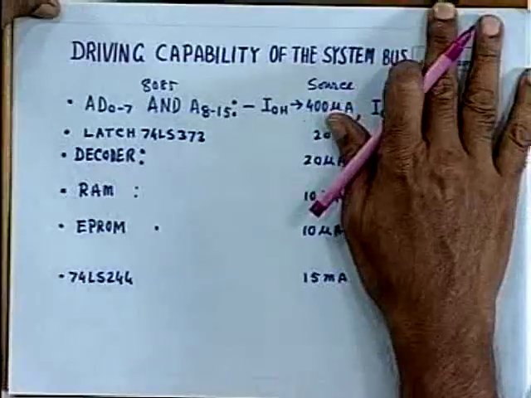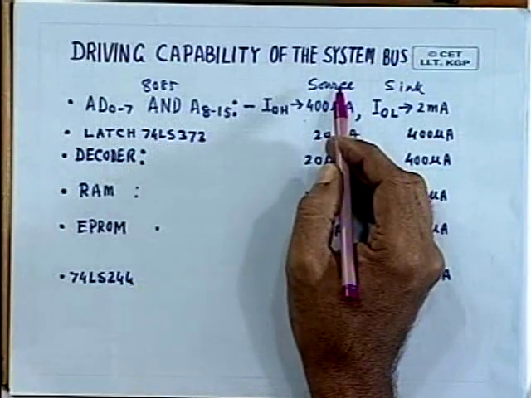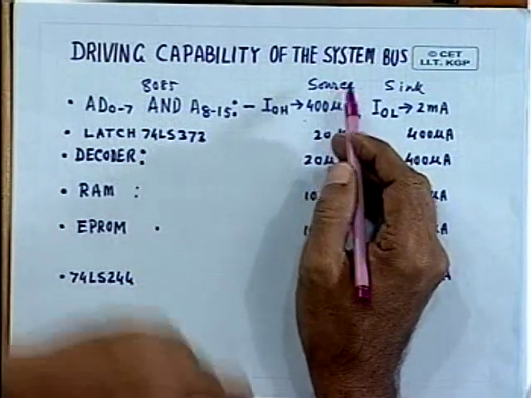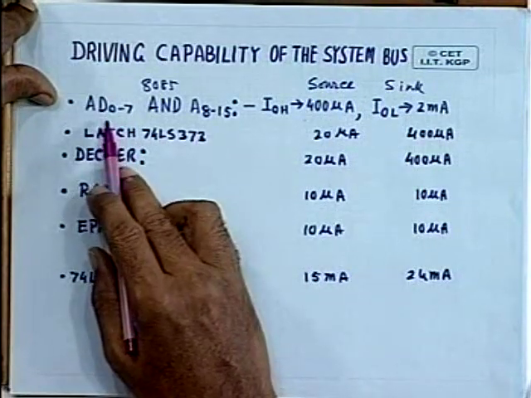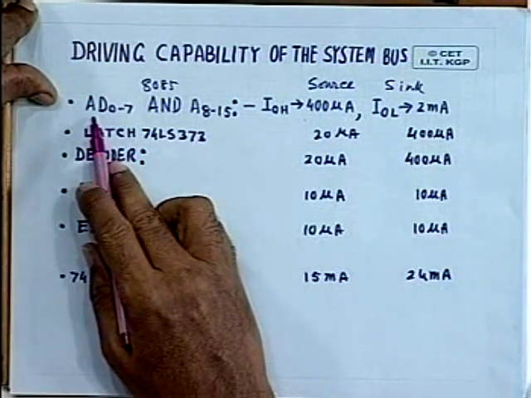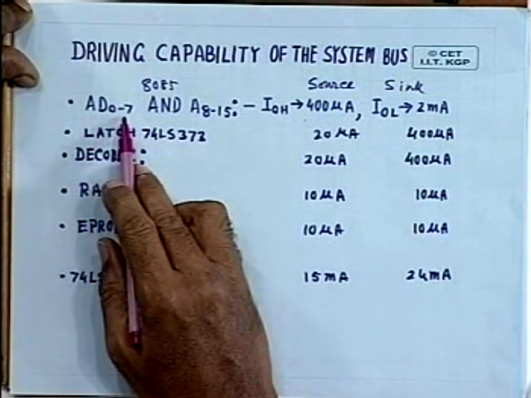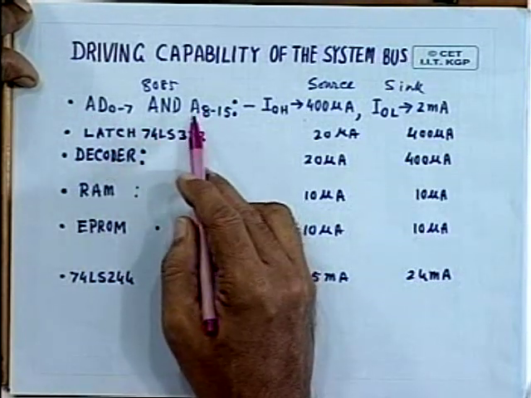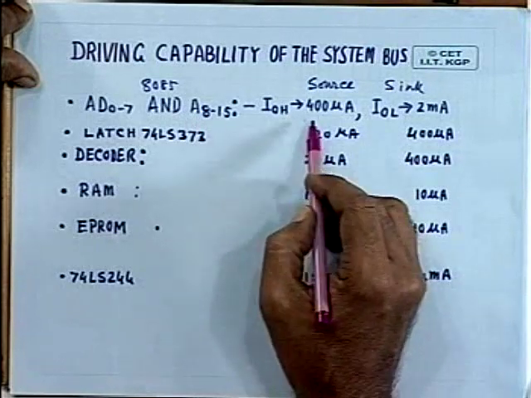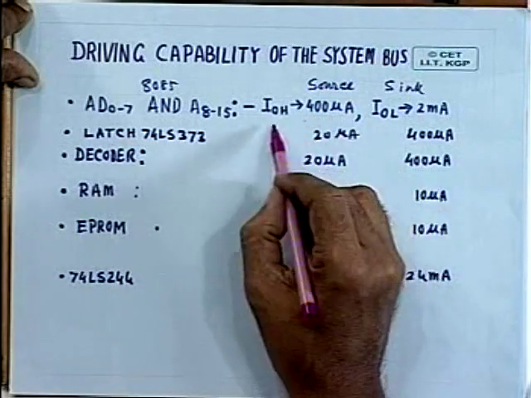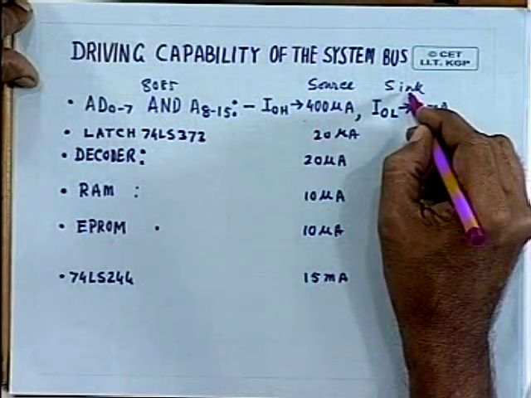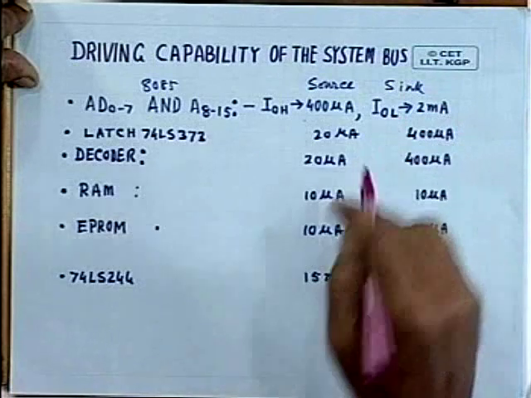However, at this point you should look at another important aspect: the driving capability of the system bus. It has to be considered because you have to drive a number of devices, and the AD0 to 7 and A8 to 15 address lines have a source current capability of 400 microampere when the output is 1, and a sink current capability of 2 milliampere when the output is low.